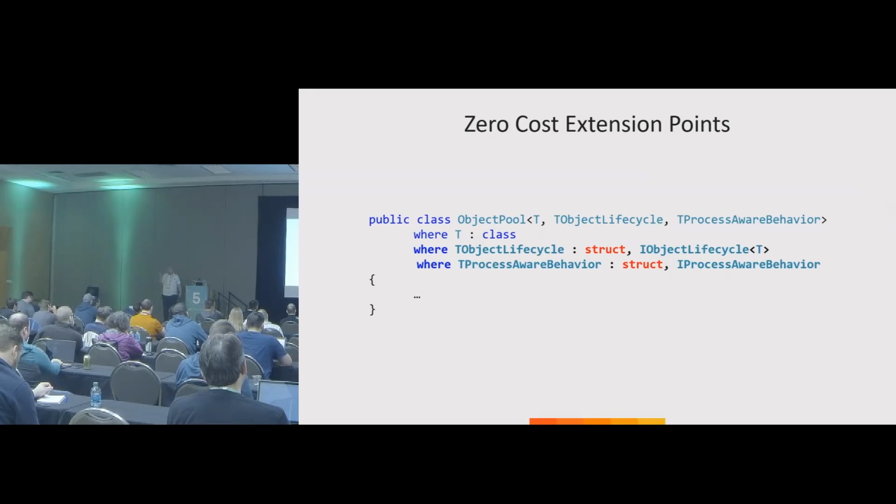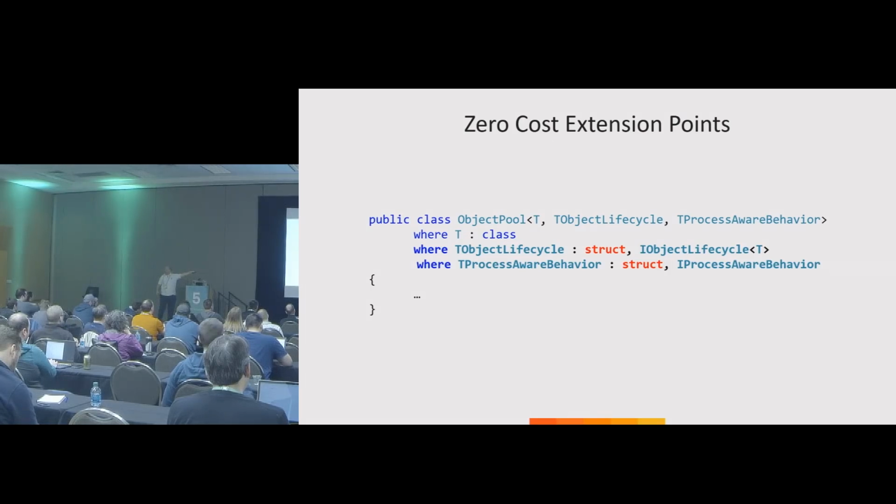So let's say this is your object pool. The typical type of the object that you're going to store there is T. What the hell are the other two? We are saying, what's the lifetime? This is a policy, the typical policy that you will find on eviction algorithms, for instance. Or, this is going to run on threaded code, or on single-threaded code. These are the kinds of markers that we have in there.